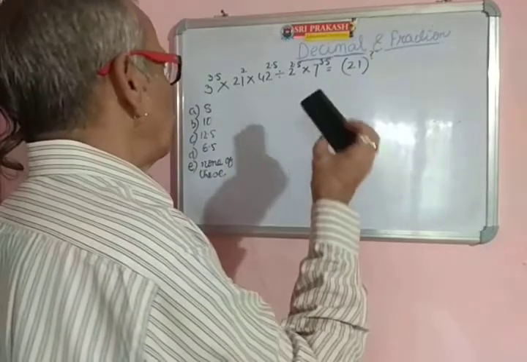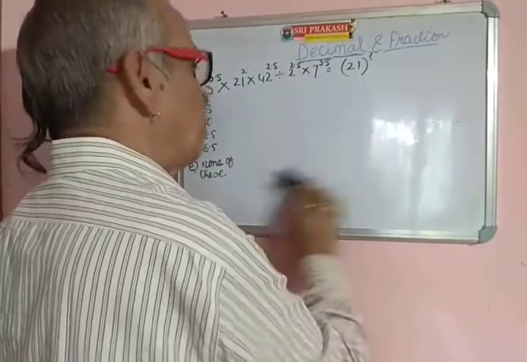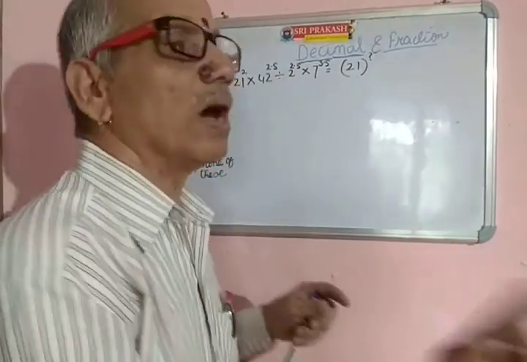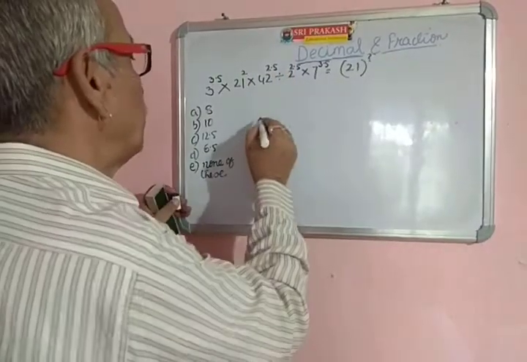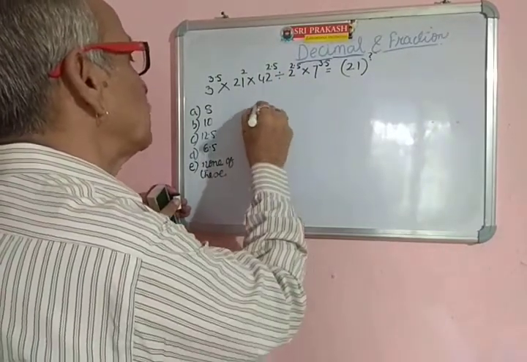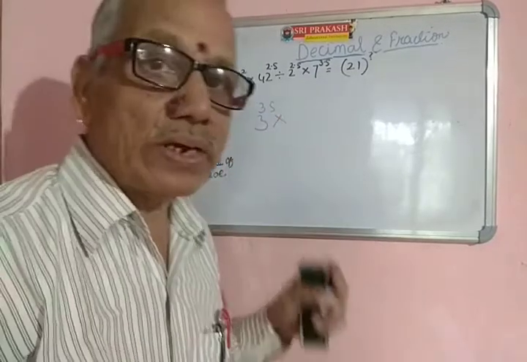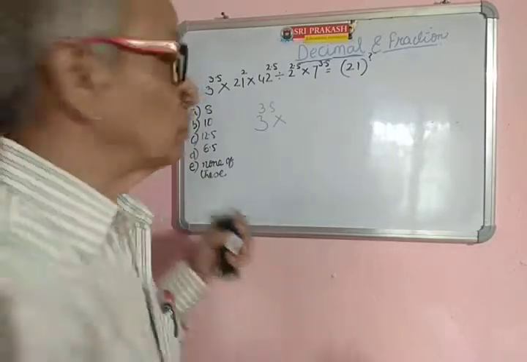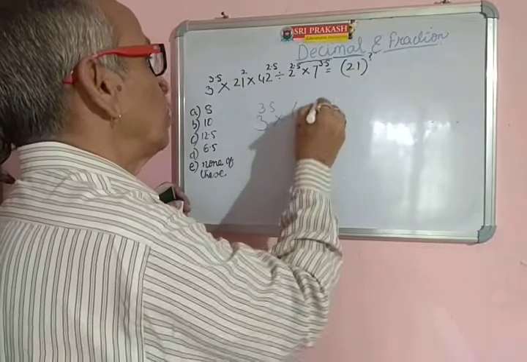So first, let us make the base of each number a smaller one. For 3 to the power of 3.5, we cannot do anything, so we keep it like that. Whereas 21, we can break into 3 into 7, to the power of 2.